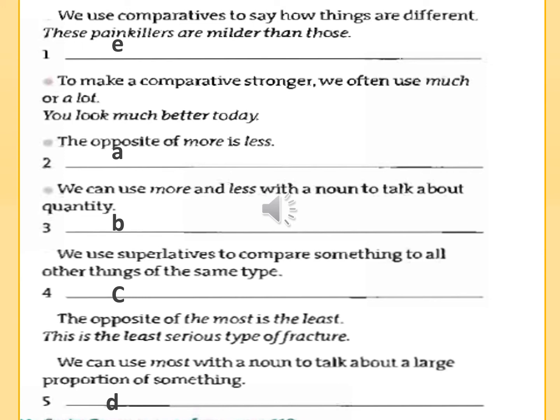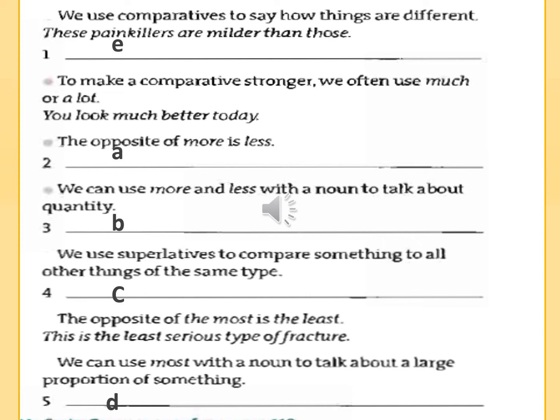The rule number 2 is to make a comparative stronger, we often use much or a lot. For example, you look much better today. The correct answer here is A. It is much less sore than yesterday.